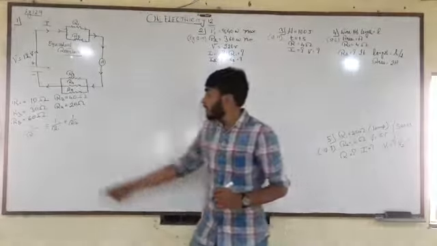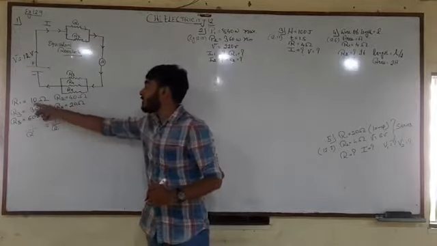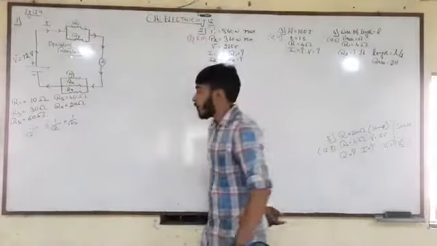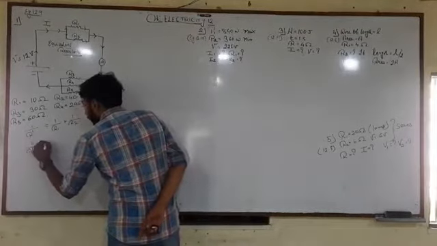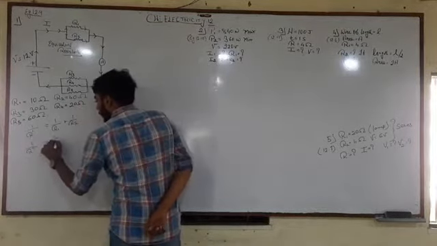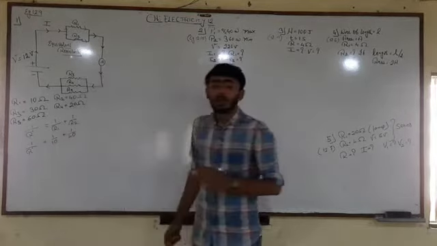The values of R1 and R2 are 10 ohm and 40 ohm. So substitute the values: 1 upon R prime is equal to 1 upon 10 plus 1 upon 40.